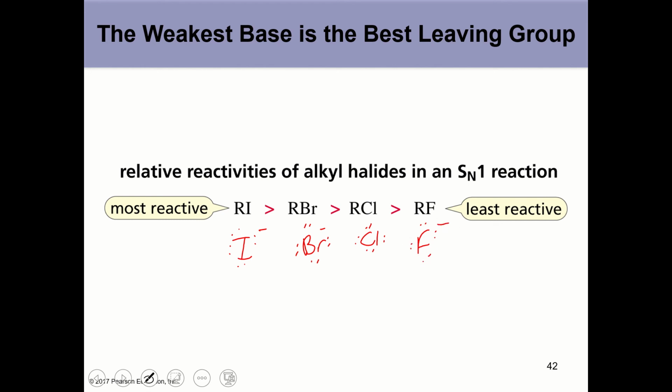So if we're going by basicity, the weakest base is the best leaving group. Iodide is the weakest base because it has the strongest conjugate acid. And so iodide is less basic than bromide, which is less basic than chloride, which is less basic than fluoride. We're going from a pKa of -12 to a pKa of 3 for the conjugate acid.